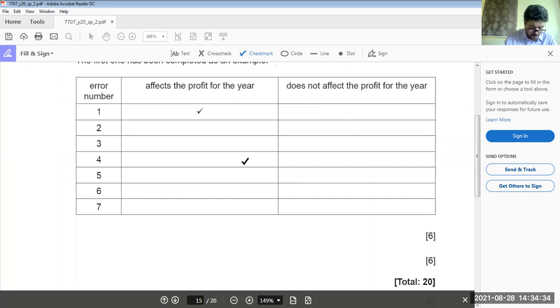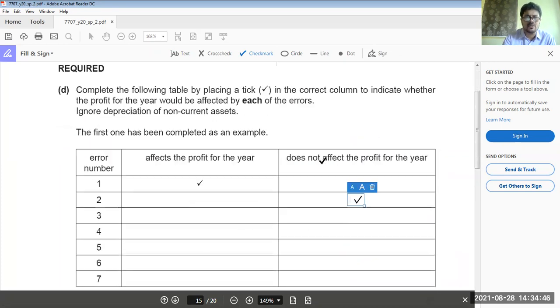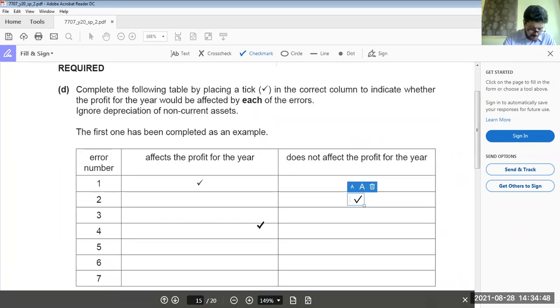Now error number 2 is a cheque issue. No, it's not going to affect the trial balance. It's an error of commission not affecting the trial balance. Error 3: the balance of petty cash fund had been omitted from the trial balance. That's also not going to affect profit.